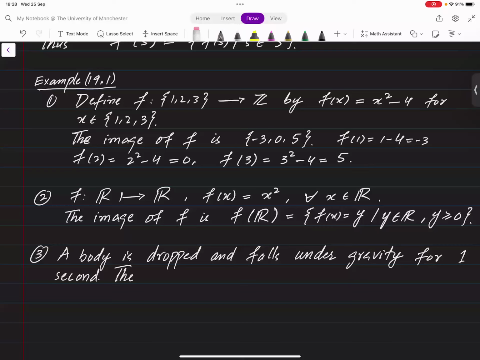The distance traveled at time t is 1/2 g t squared.